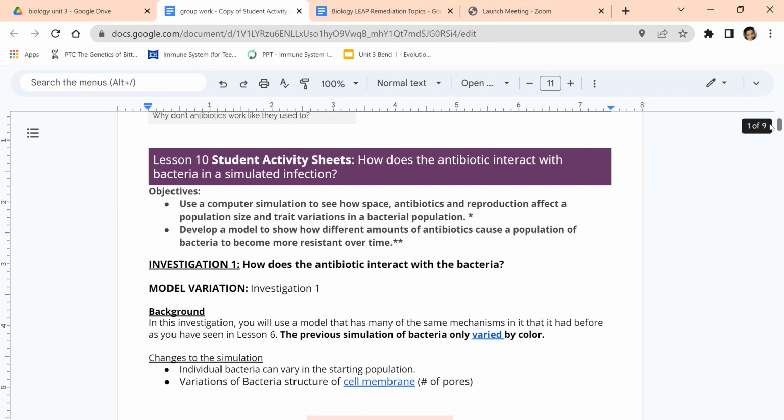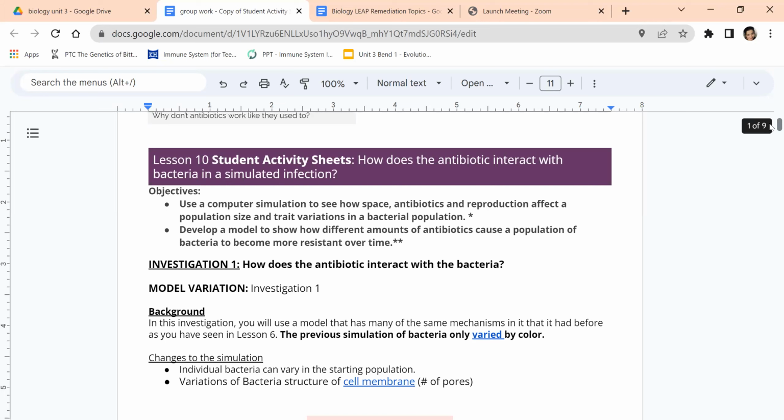And then we learned about the types of microscopic organisms that can upset our homeostasis in our body. And we talked about bacteria and viruses and how they reproduce. We went into a little more detail about how bacteria reproduce and how rapidly that can happen.